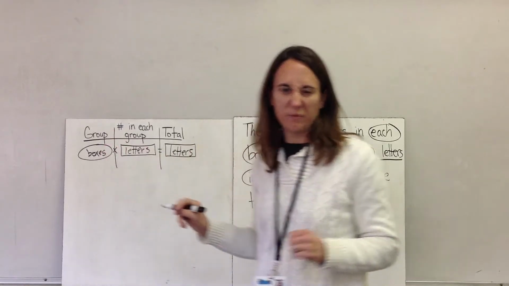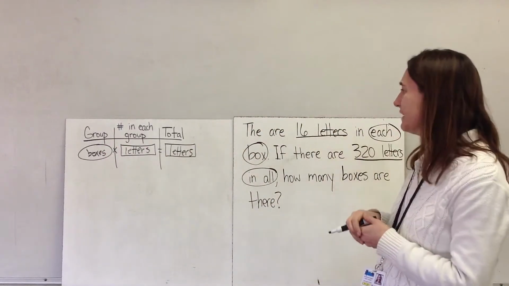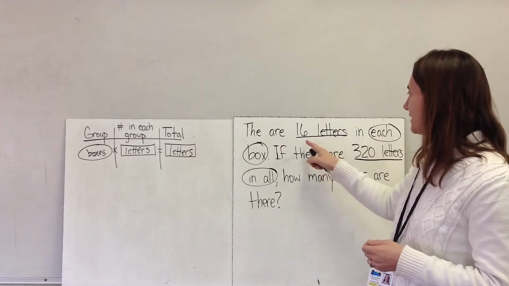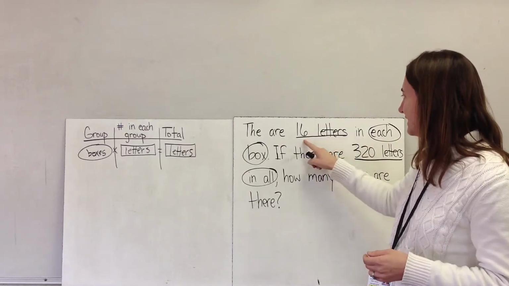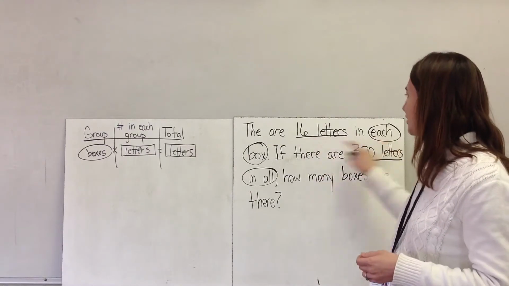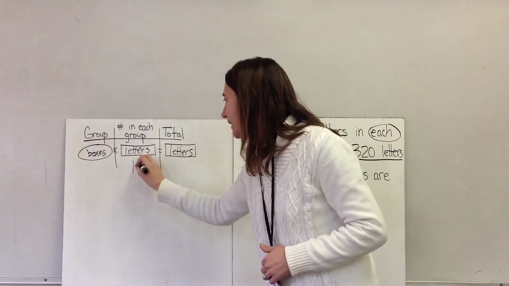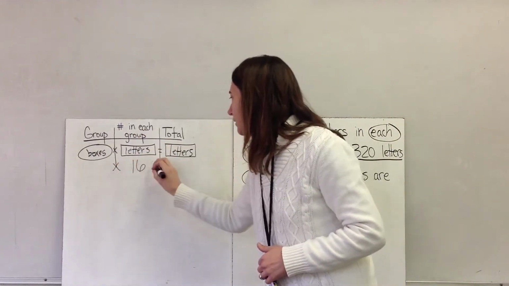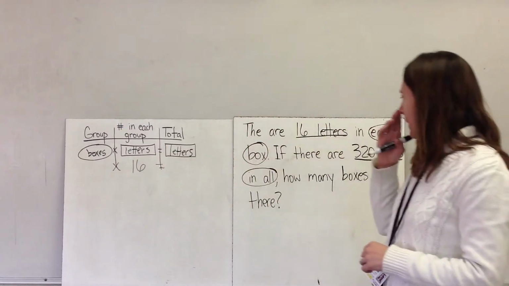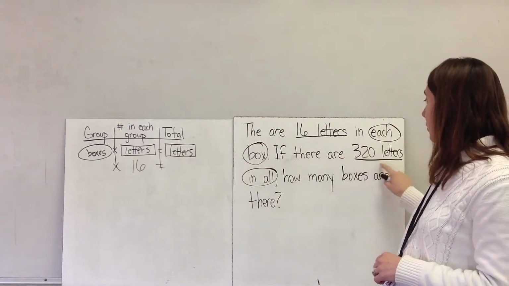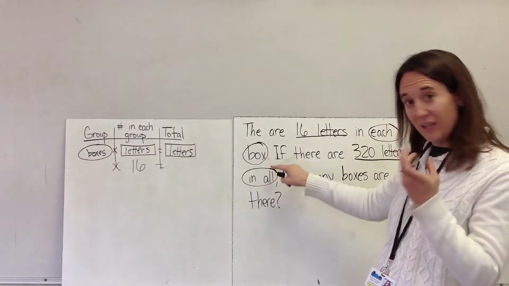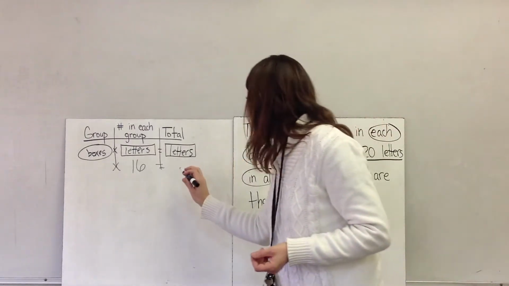Usually they figure out the group first. So in this case, it says we have 16 letters in each box. So that must be the letters in each group. So we're going to put that here. And in this case, it says 320 letters in all. Well, in all tells us that that is the total.